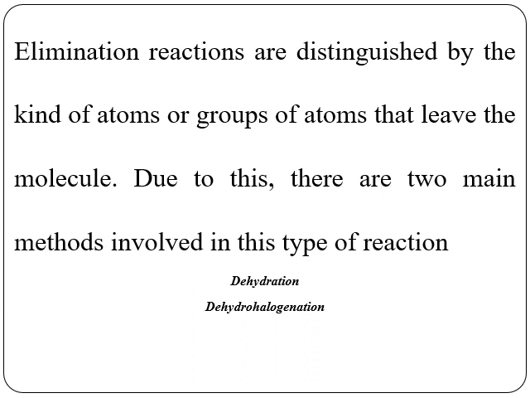Okay, how do we distinguish the elimination reactions, or how do we name the subclasses of elimination reactions? Because there are a lot of elimination reactions, but on the basis of the kind of atoms or group of atoms that leave the molecule, they are distinguished from each other.